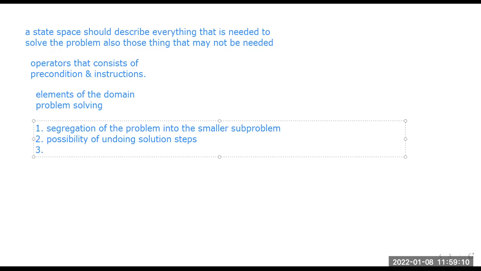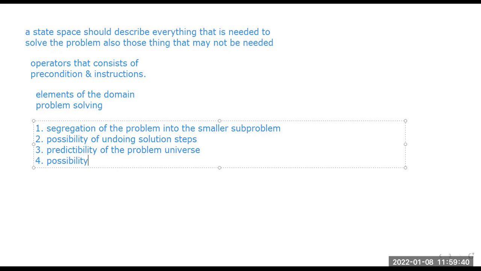Third, predictability of the problem universe. Fourth, possibility of obtaining an obvious solution to a problem without comparison of other solutions. Fifth, role of knowledge, and nature of the solution process.